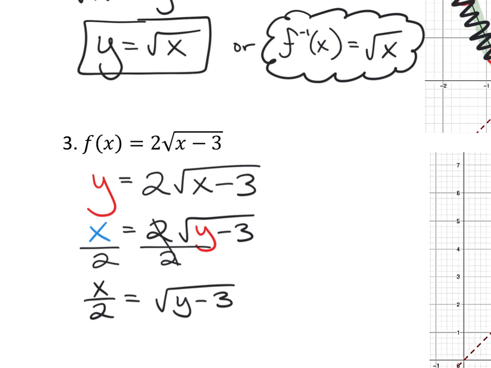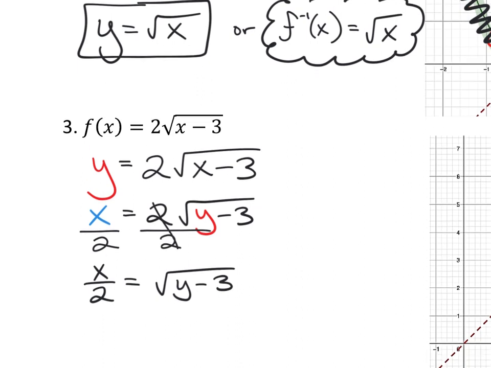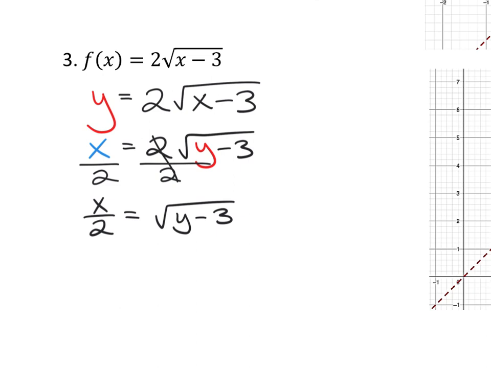And now what do I do with both sides to get that square root to go away? Square both sides. So when I square both sides, the square root and the square are going to cancel each other out. And we'd have x divided by 2 squared equal to y minus 3.